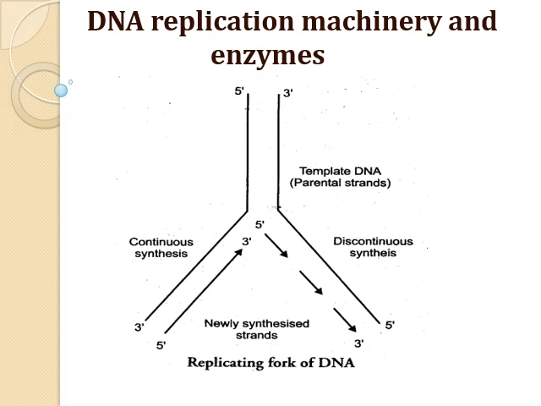Next is topoisomerase. This enzyme removes tension from the uncoiled DNA strand. SSB protein stabilizes the uncoiled DNA strand so that it cannot coil again. The uncoiling of DNA strands forms a Y-shaped structure known as the replication fork.